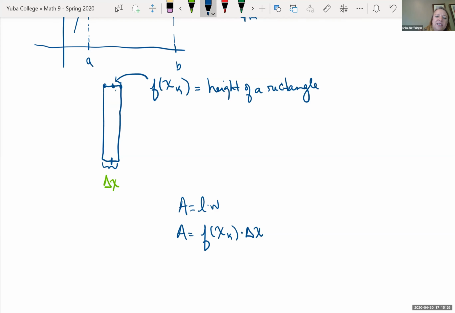And so basically what we have to do is sum every single area of each rectangle.